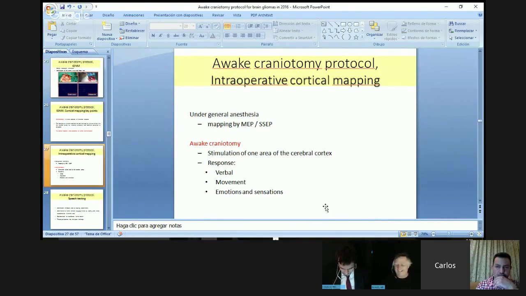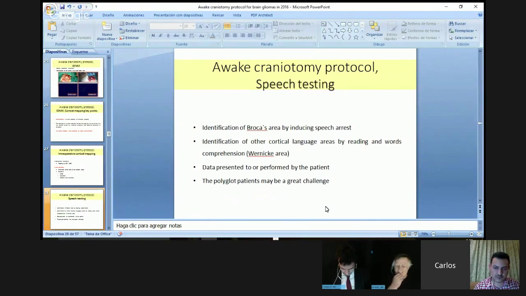In awake craniotomy, with stimulation of one area of the cerebral cortex, we have a response such as verbal, movement, or emotions and sensations. During speech testing, we will identify Broca's area by inducing speech arrest.